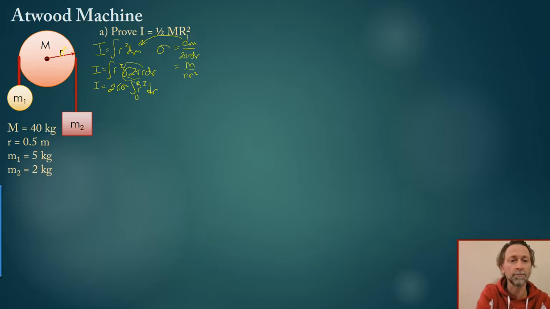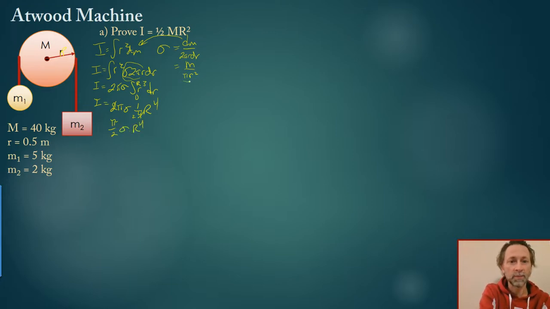Then when I solve this, I'm going to have 2 pi sigma 1/4 R to the 4th, because the 0 term makes the second part of that go away. Now again, I can get rid of a 2 here and a 2 here, and so I end up with pi over 2 times sigma R to the 4th.